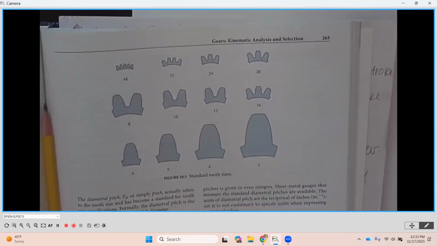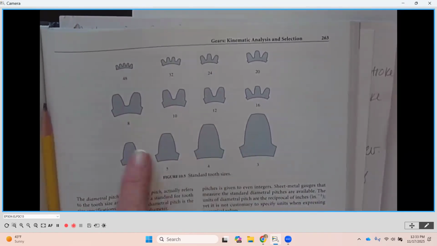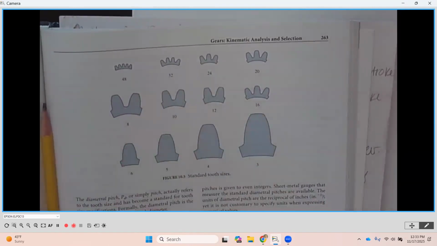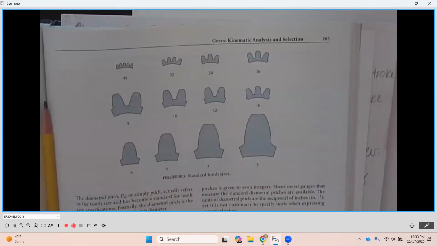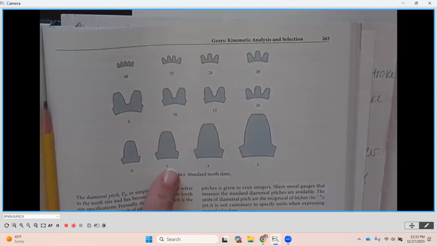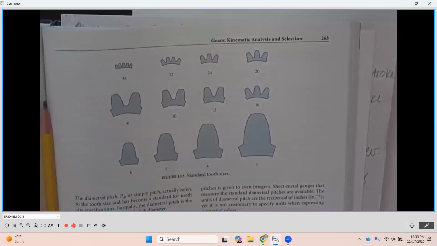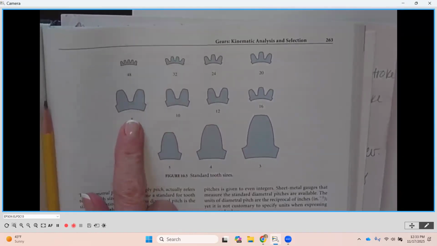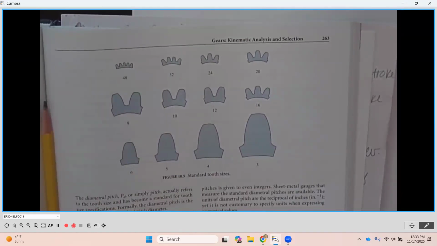If you're a gear manufacturer, you're going to be making the gears to these sizes, kind of like with fasteners, where there are standard sizes of fasteners. This is the same thing with gears, okay? Now you could make them in between, but they're not going to be the ones that you could go to a catalog and pick out, like a number 8 diametral pitch gear.